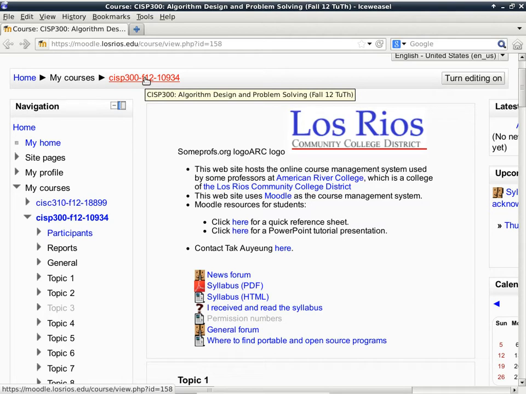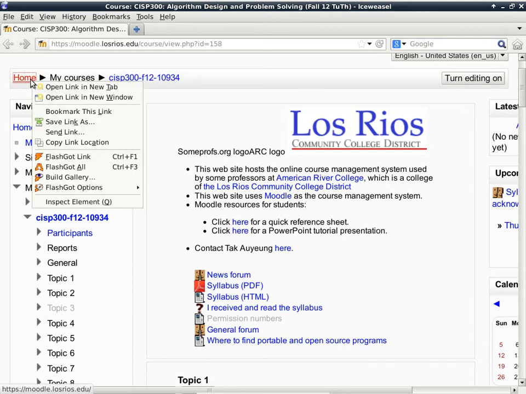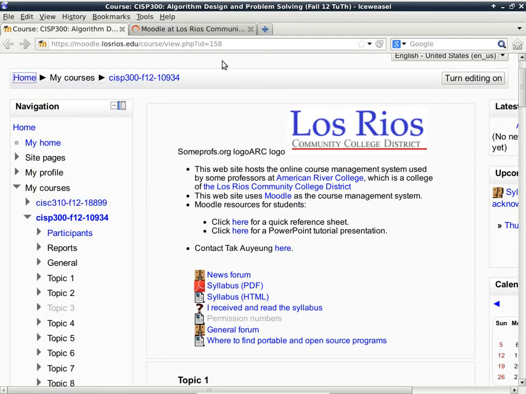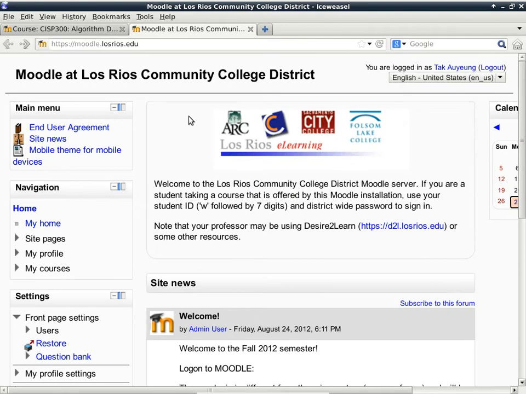Any questions? No questions? For those of you who have cell phones and you want to view the content using the cell phone and you have relatively large fingertips and it's hard to press those tiny little links, there's actually a mobile theme that you can use. When you first sign in and at any time you want, you can click mobile theme for mobile devices.